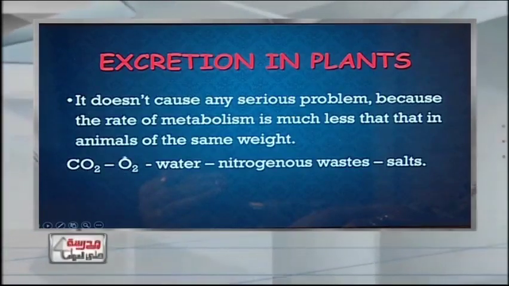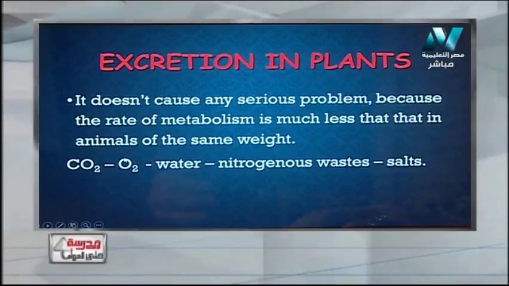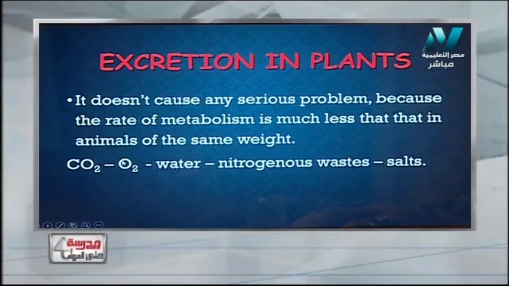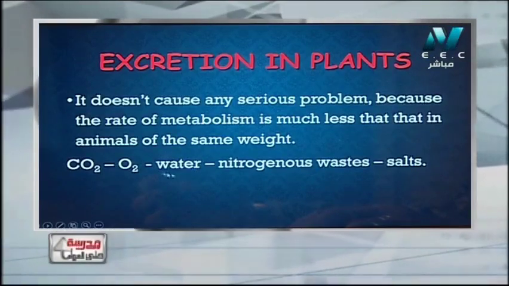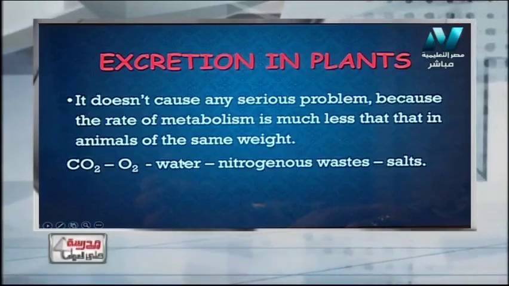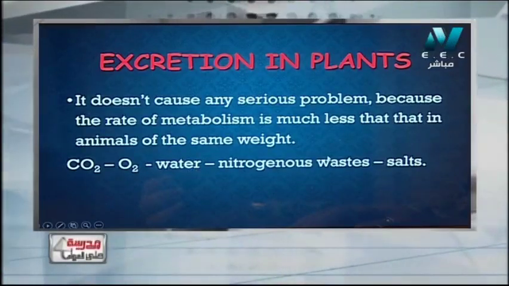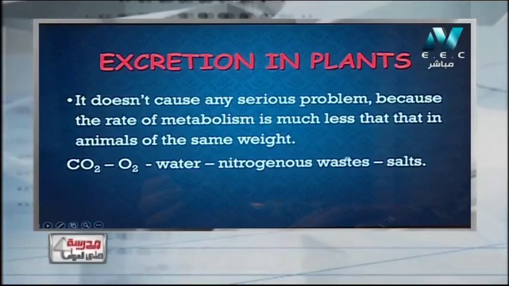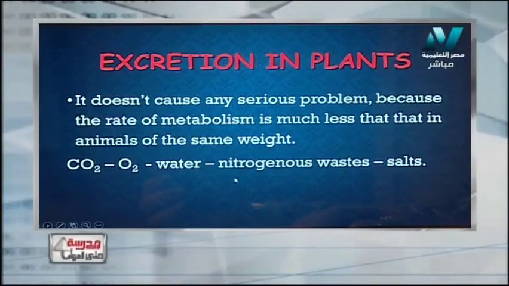Oxygen can be reused in respiration or go out through stomata. And water, many ways of excretion of water, and we are going to study them in detail. And nitrogenous wastes can be reused to build proteins, and salts by many ways, as we said.